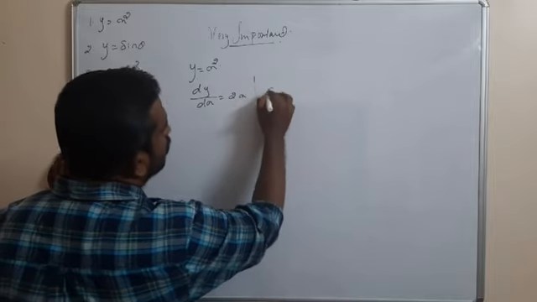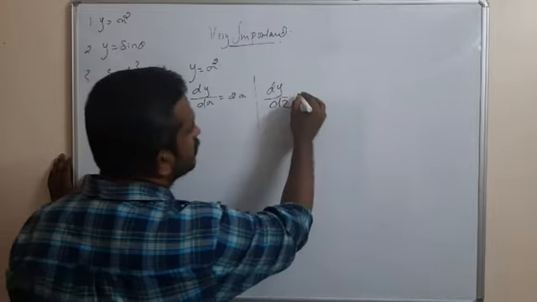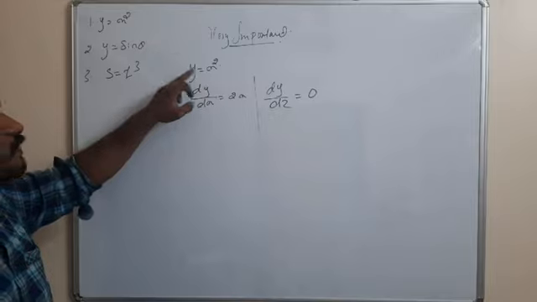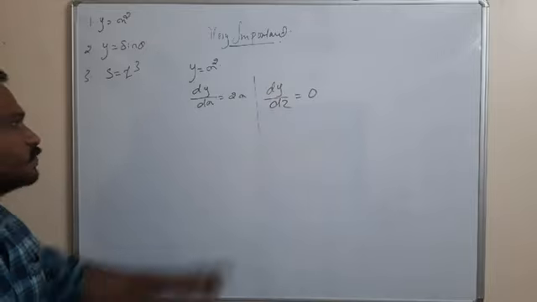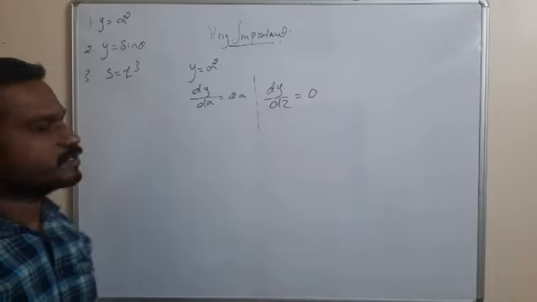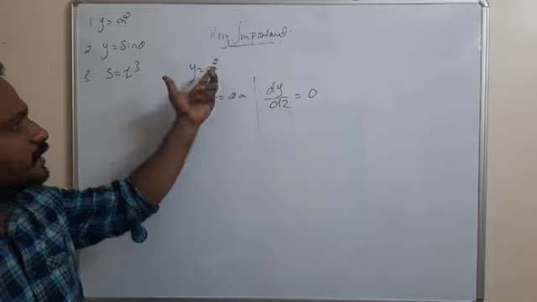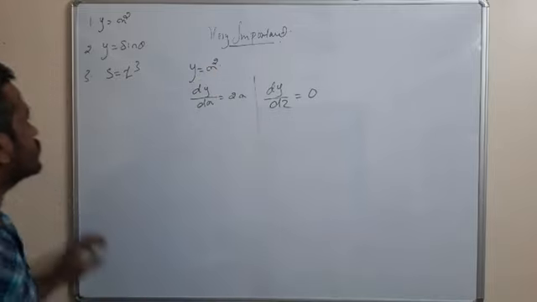So dy by dz is equal to 0. Here y is not a function of z, so we can't differentiate with respect to z. dy by dz is equal to 0 because here x is the variable and there is no variable like z.